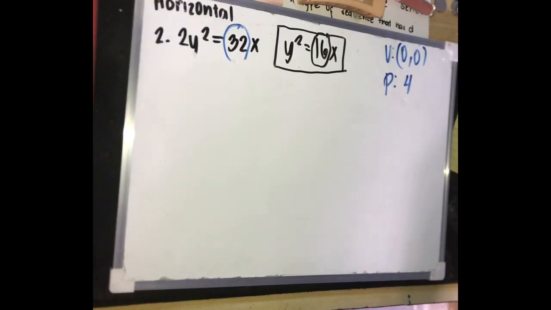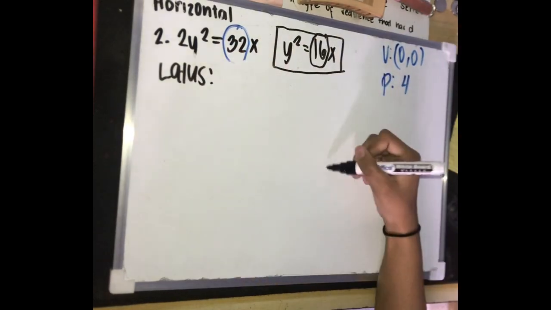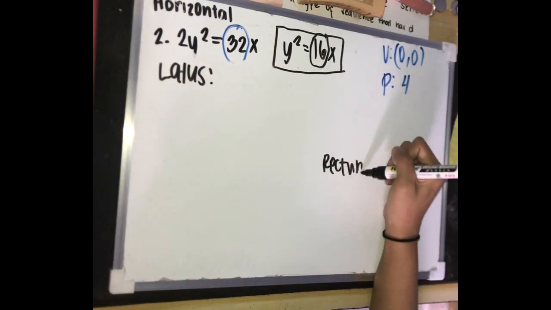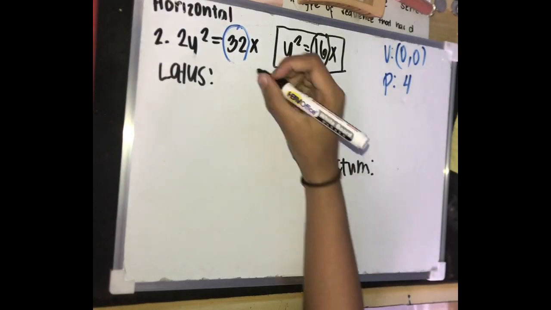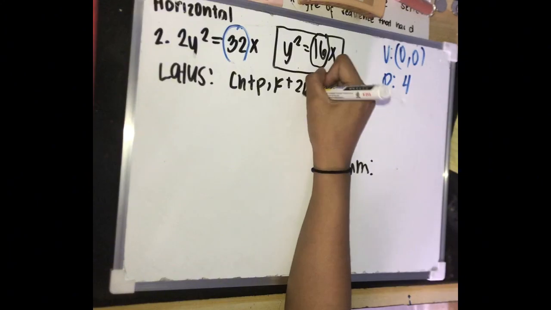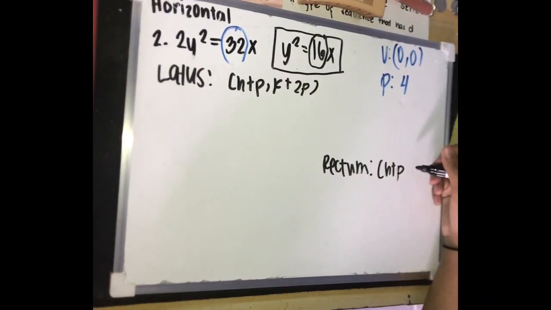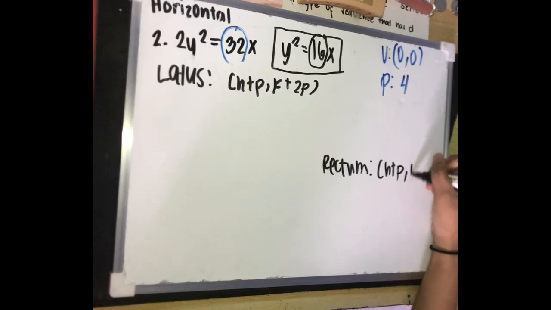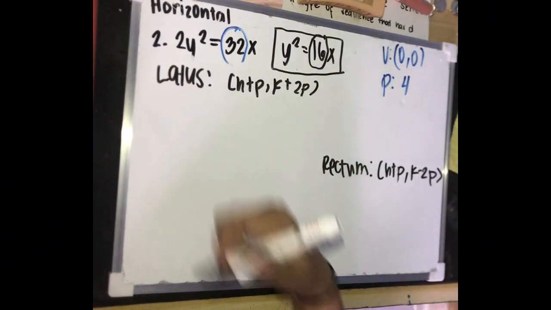So, to solve for the endpoints of latus rectum, we're going to write down the formula. The formula sa latus is h plus p, k plus 2p, and here would be h plus p, and k minus 2p. So, ayan. So, i-solve na natin.